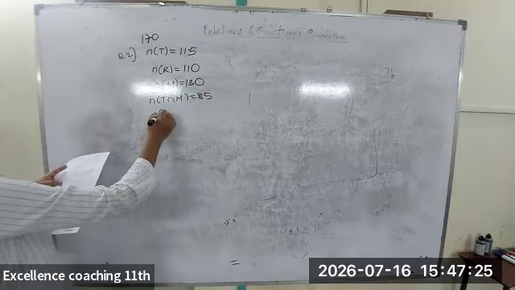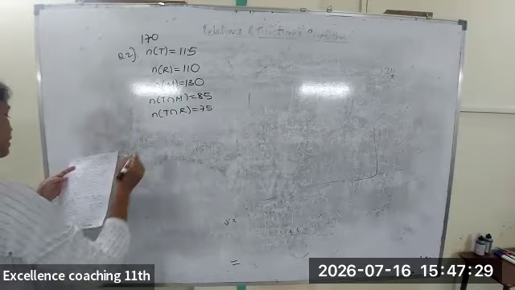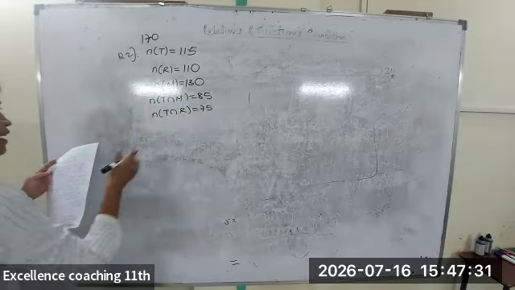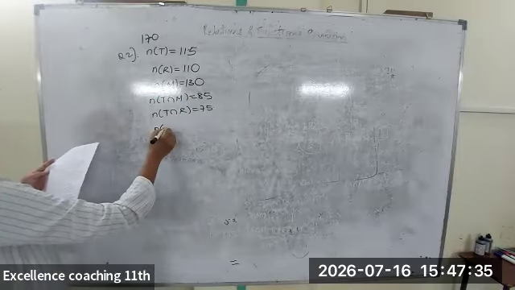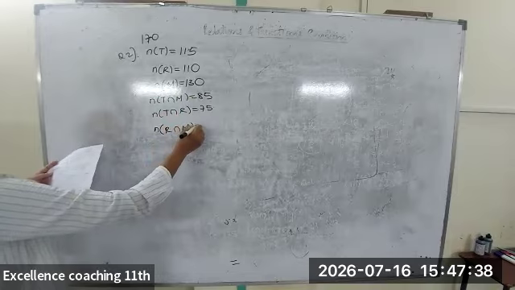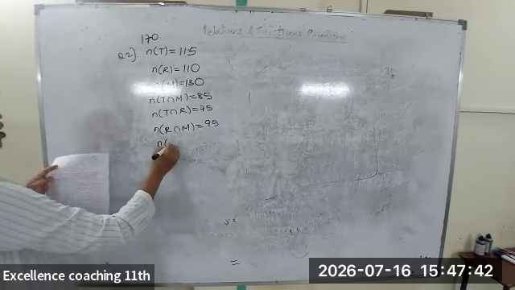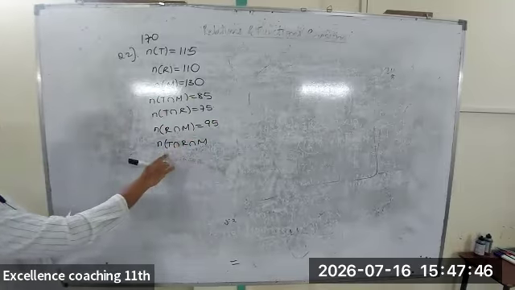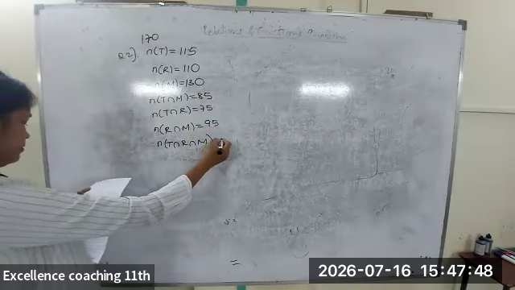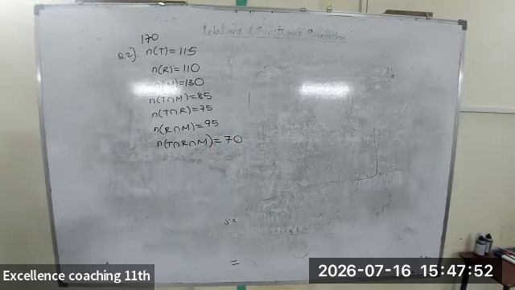Television and radio, 75. 95 use radio and magazine. And 70. Order will not matter, huh? Whether you write M this side, whichever side. Now complete.